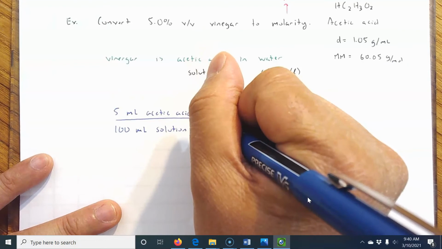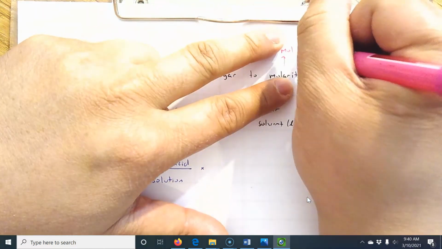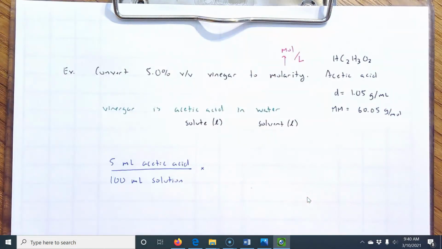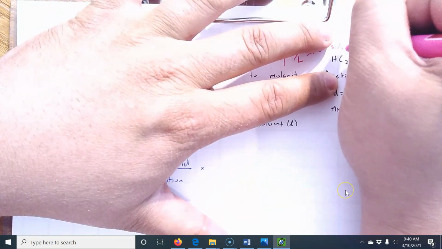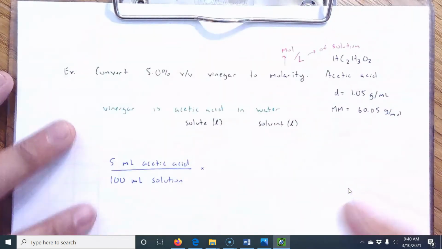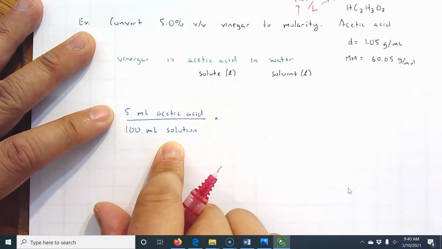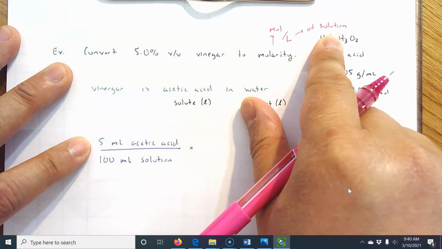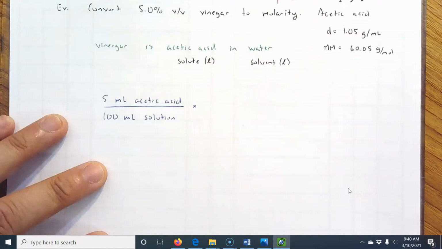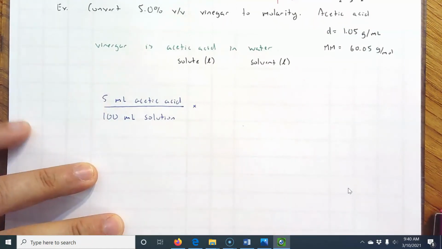Now, for molarity I need not only the moles, but also the liters. Thank goodness this is liters of solution. I don't have to break it up and figure out how many liters of solvent I have. It's not of solvent, it's of solution. That's good about molarity. So I have solution right here. I don't need to change that, but I need to change the units.